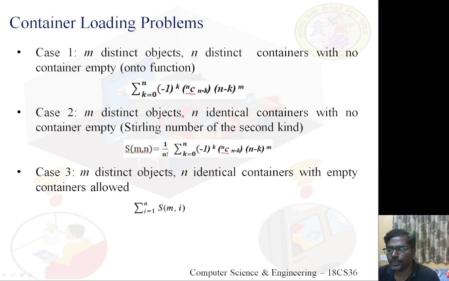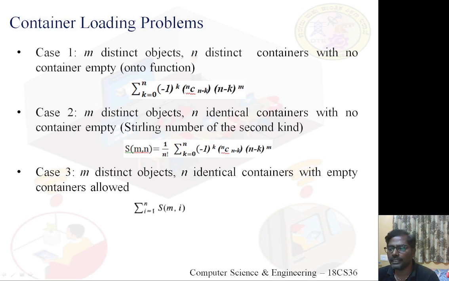Now, the objective of case 2 is to determine the number of ways of filling these m distinct objects among n identical containers with no container left empty.